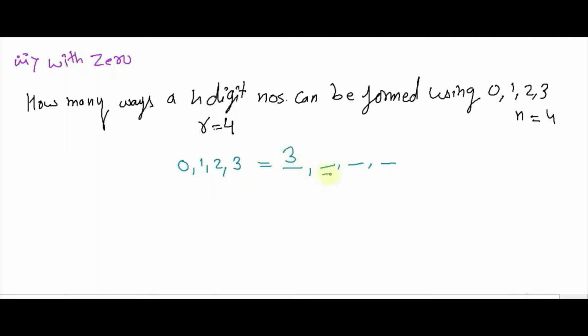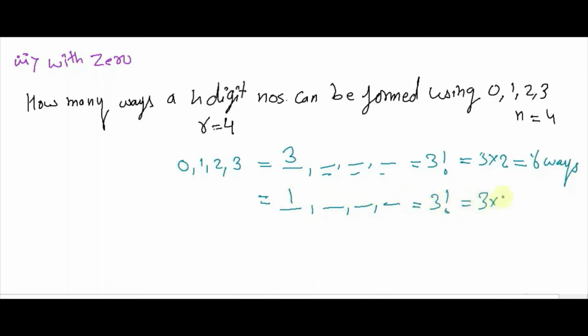The number of ways to arrange the remaining digits is 3 factorial, which is 3 into 2 into 1, which means 6 ways. Now let's consider 1 at the first place. The number of ways to arrange the remaining 3 digits is 3 factorial, which means 6 ways. Now let's consider 2 at the first place, and the number of ways for the remaining digits is 3 factorial, which is equal to 6 ways.